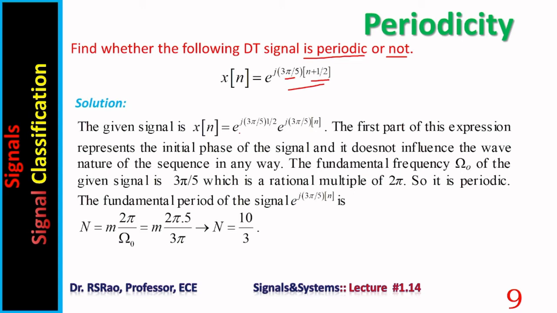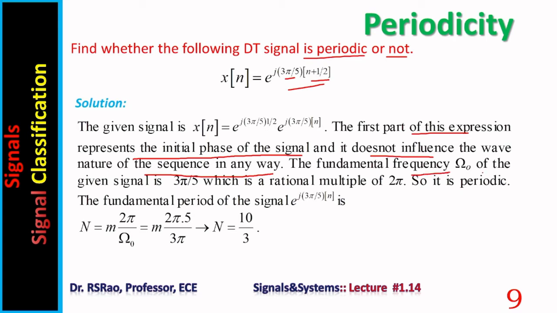One factor is e power j 3 pi by 5 into half. Another factor is e power j 3 pi by 5 into n. The first part of this expression represents the initial phase of the signal, and it does not influence the periodic nature of the sequence in any way.